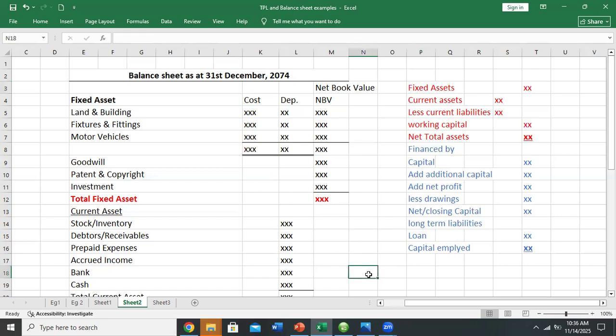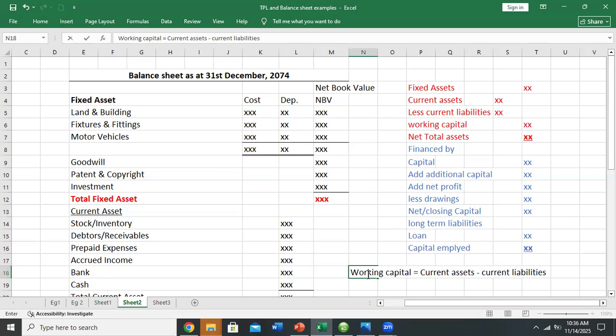Oh, okay. So working capital is equal to your current assets minus your current liabilities. This is also another highly examinable objective test question.